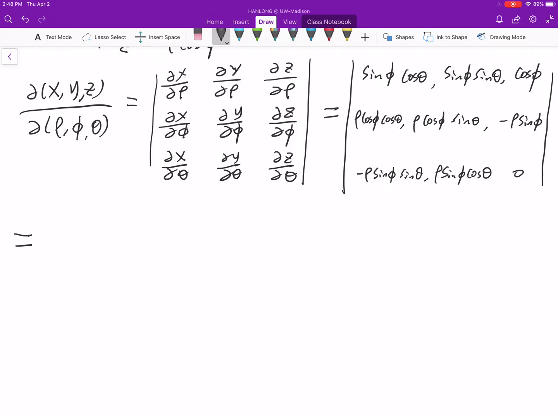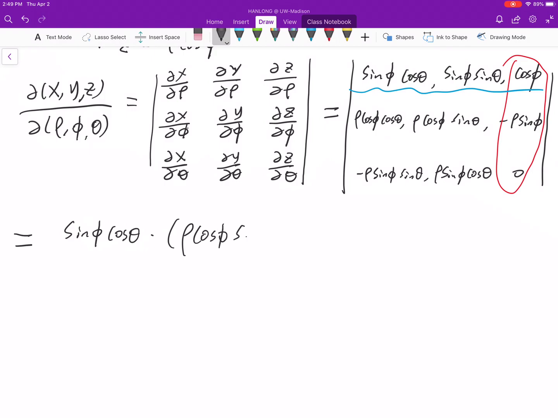Later on, if you learn linear algebra, you can expand along the last row. But here, since we don't know that yet, we expand along the first row just as we did for the cross product. So you have sine phi cosine theta times (rho cosine phi sine theta times 0 minus negative rho sine phi times rho sine phi cosine theta).